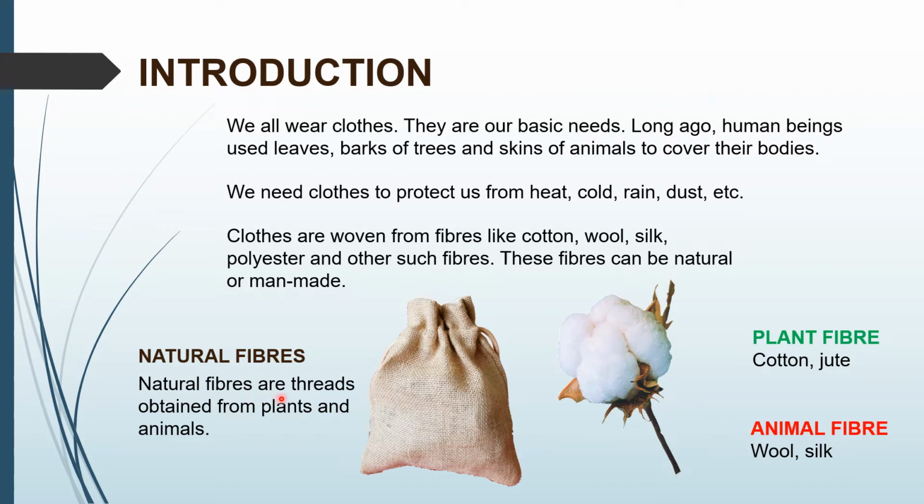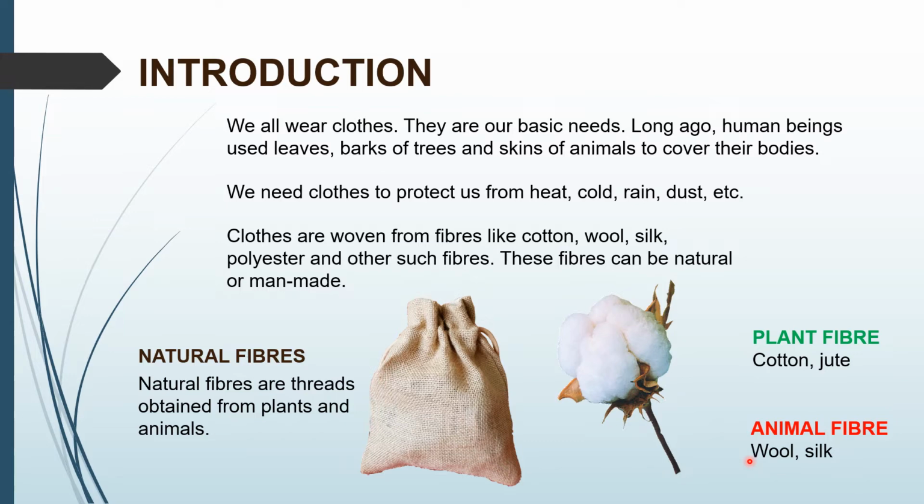Natural fibers are threads obtained from plants and animals: plant fiber and animal fiber. Plant fibers are cotton and jute. Here you can see the cotton, and this is a jute bag made from jute thread. Animal fibers are wool and silk, and in this chapter we are going to discuss only wool and silk.